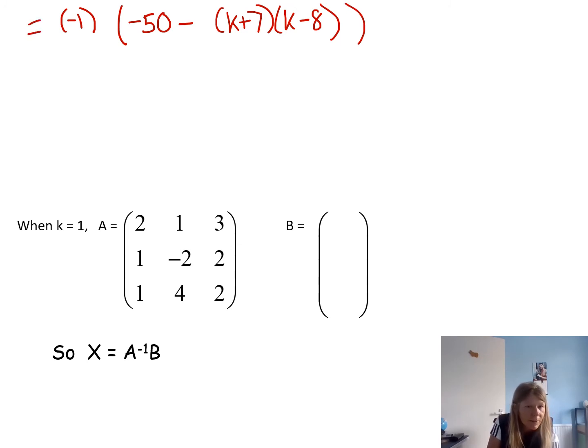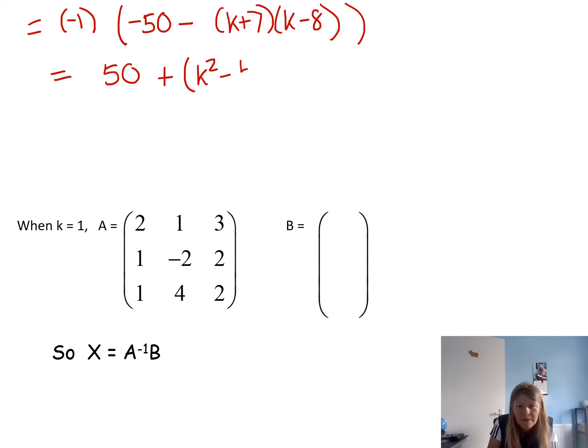What does that come out to be as a determinant? Remember, take the minus through, so we've got 50 plus, would it be plus, minus, minus? Yes, it would be plus. If we expand those 2 out, we'll get k squared minus 7 times 8, which is 56.